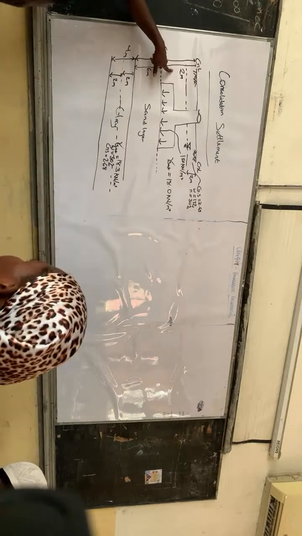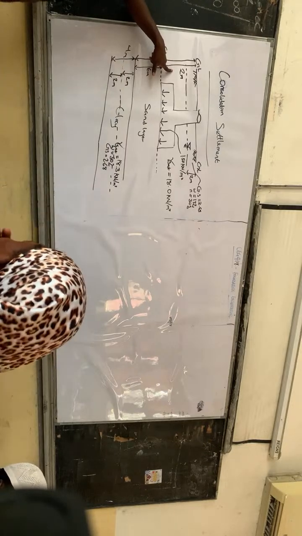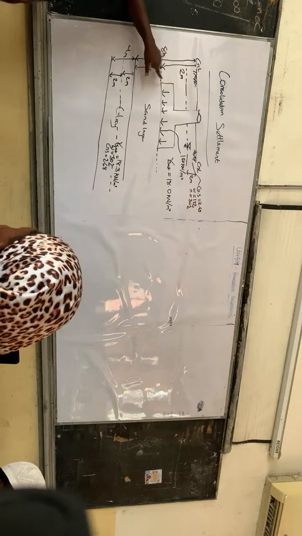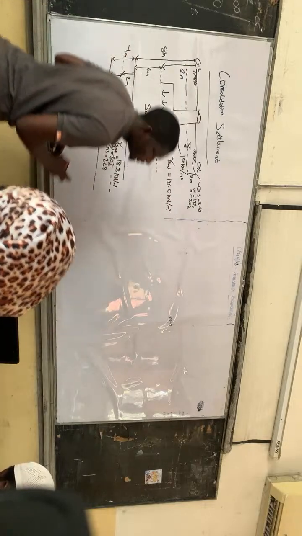2 meters. This cannot be 2 meters, though. Wait, it's 2 meters. That means the water table is here at the base. Oh, that's true. Thank you for that.